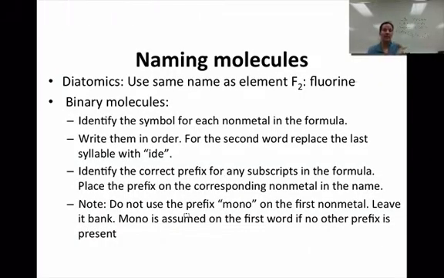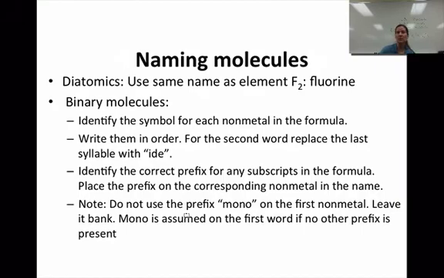When you're naming molecules, all you need to do is look at how many of the elements there are, and that's the prefix you put in front of the element. The other thing, which you may have noticed on the last screen, is that the second element always ended in "ide": oxide, nitride, chloride. For the second word, take off the ending and replace it with "ide."